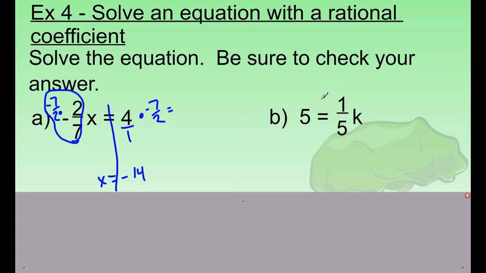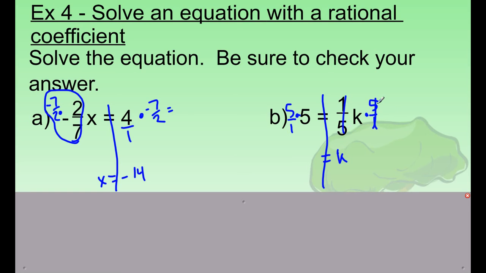Let's see here. We could divide by 1/5 on both sides. We would get our answer. Without a calculator, the process is to multiply both sides by the reciprocal of the fraction. So if I multiply by 5/1, what happens is the tops equal 5, the bottoms equal 5, and 5 divided by 5 is 1k, or just k.